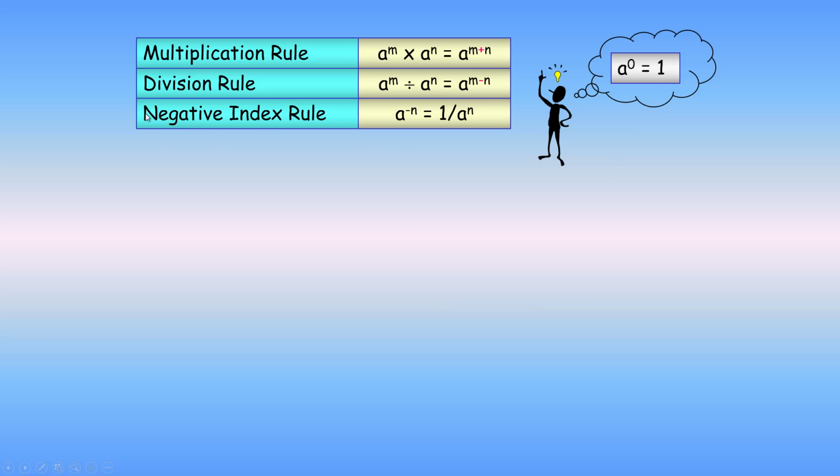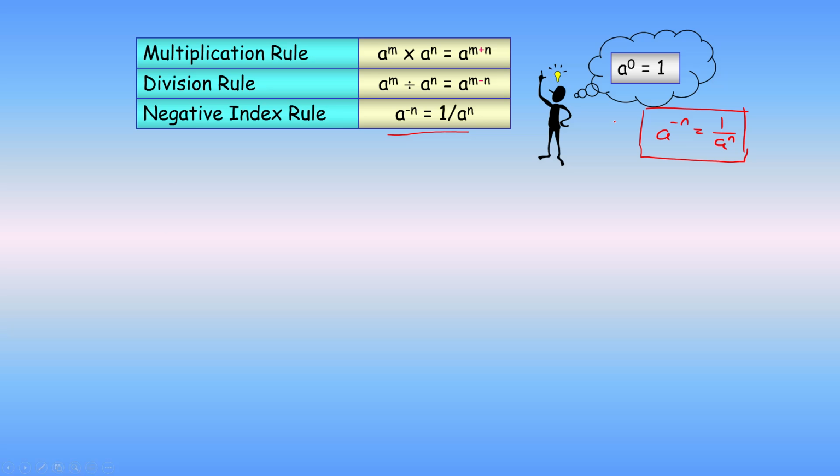So we're going to look today at the negative index rule. That's telling us that a to the power of minus n equals 1 over a to the power of n. So that's our rule we're going to look at today.